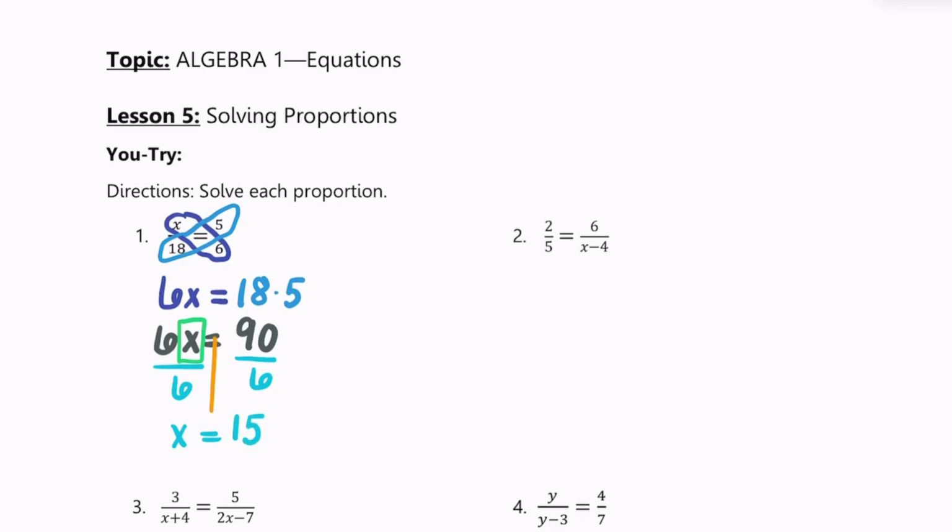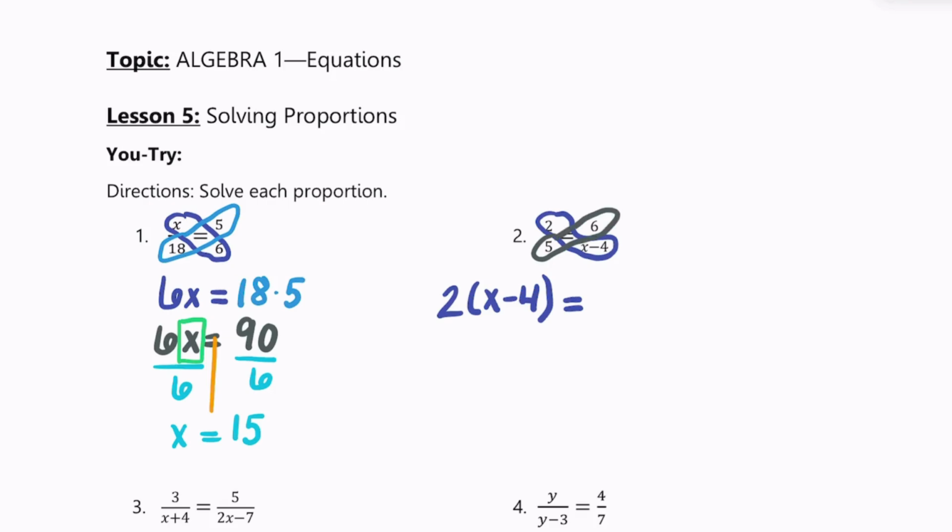Okay. Looking at question number 2, we're going to draw our first butterfly wing, 2, and then x minus 4. So remember, because that's more than one term, I want to put that x minus 4 in parentheses so I know they go together, and to make sure I distribute that 2 to that entire term. Set equal, draw my butterfly wings, 5 times 6.